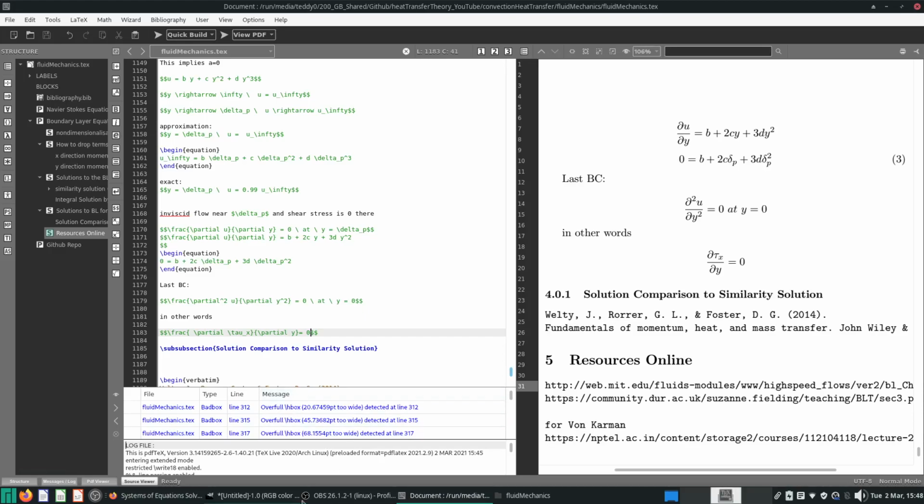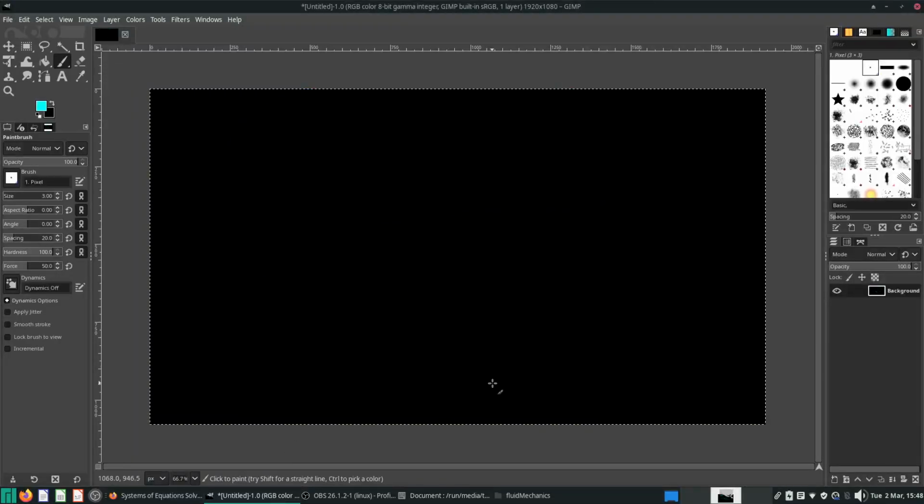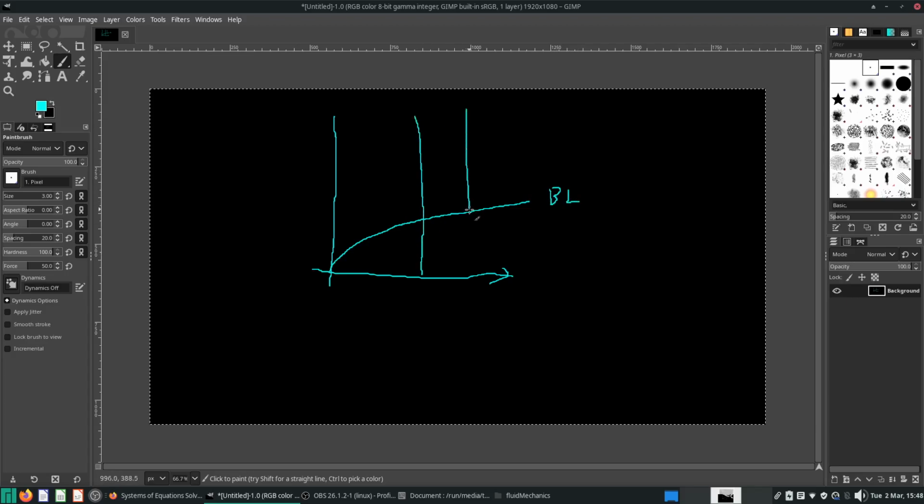Okay, and maybe an easy way to visualize this is to think about a boundary layer like this. The velocity here will be more or less constant, u infinity. This is a flat plate, of course. We are solving for flat plate flow, and then of course you have this sort of flow profile.